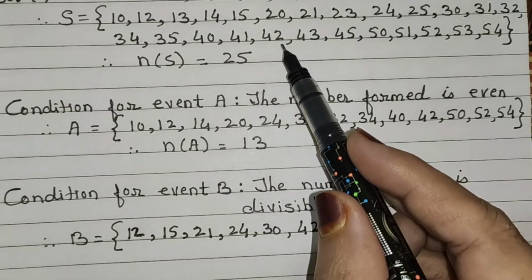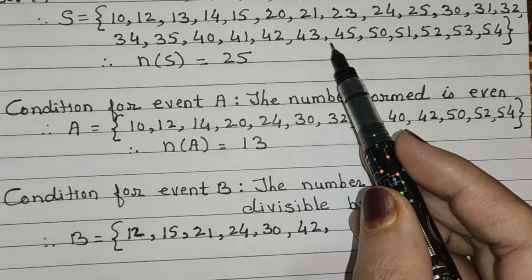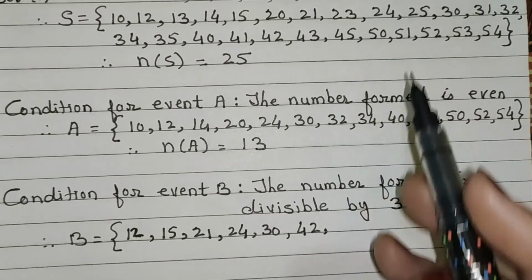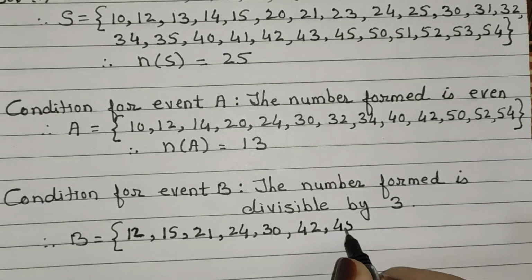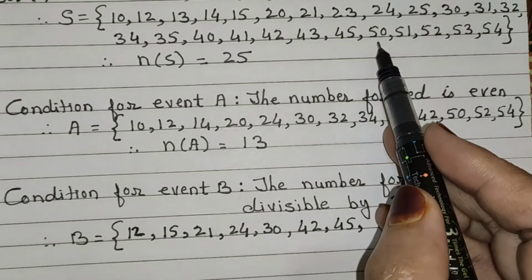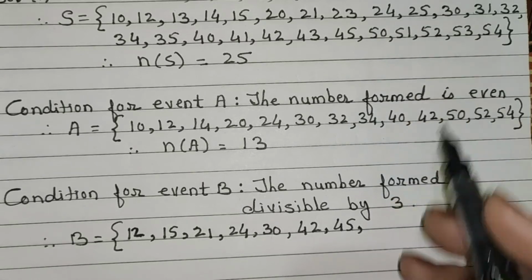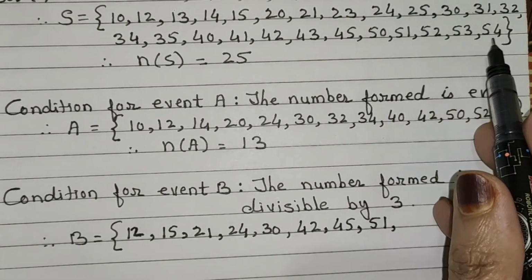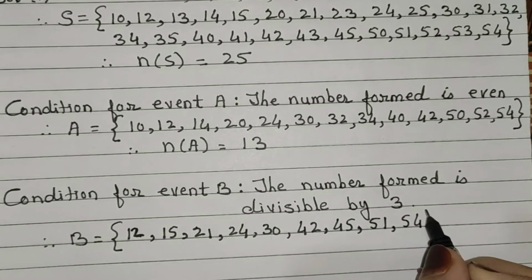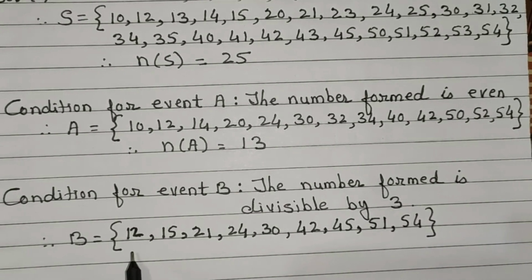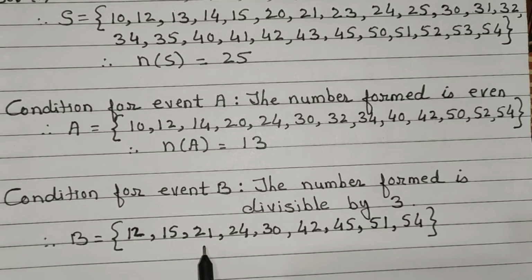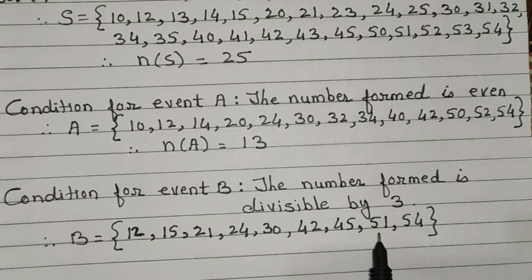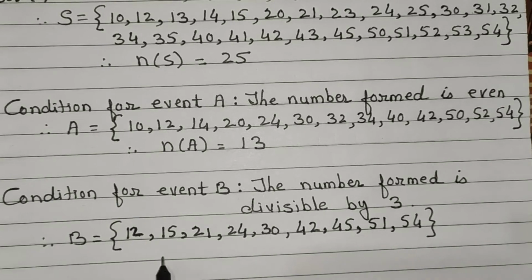Therefore it is divisible by 3. Next one is 45, 4 plus 5 is 9. It is also divisible by 3. Now next 51. Now next is 54. Therefore we get here 12, 15, 21, 24, 30, 42, 45, 51 and 54.